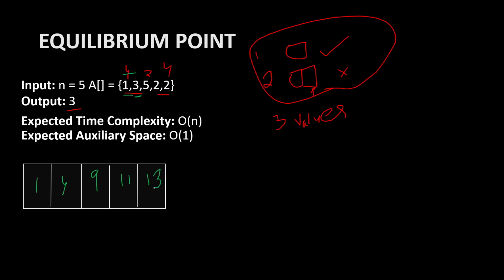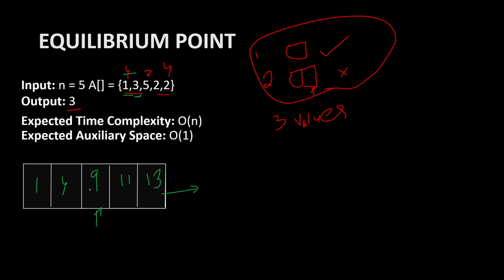And why are we doing this? Because we can find the left side and right side values using this array. So how will we find the left value first? In this case we are checking the third element, right? With the third index we check, this 9 is the total value up to the second index.